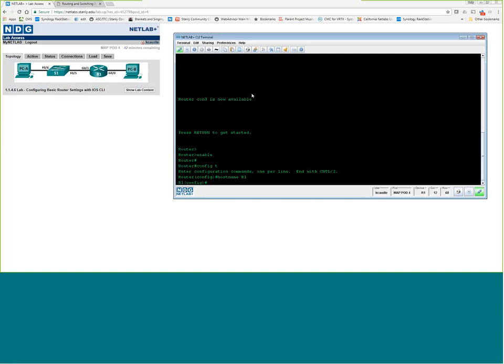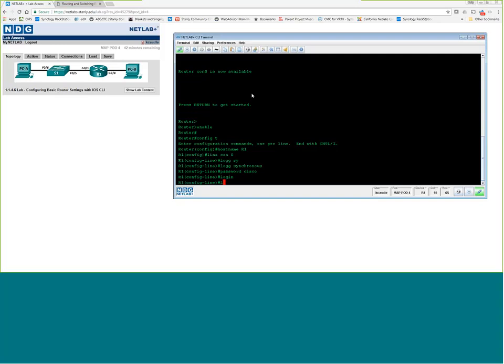First off, I'm going to set all my passwords, so line con 0. Logging synchronous, so I don't have any problems with anything jumping through. For me, just password. In this case, I think it was Cisco con, but I'm just going to do password Cisco because I'm lazy. Login. Line VTY 0 4. Hit the up arrow 2 times.